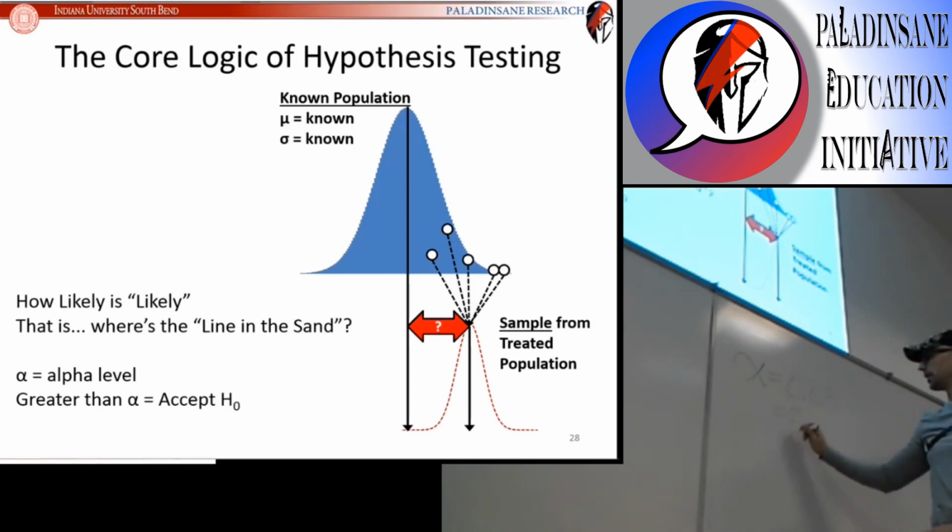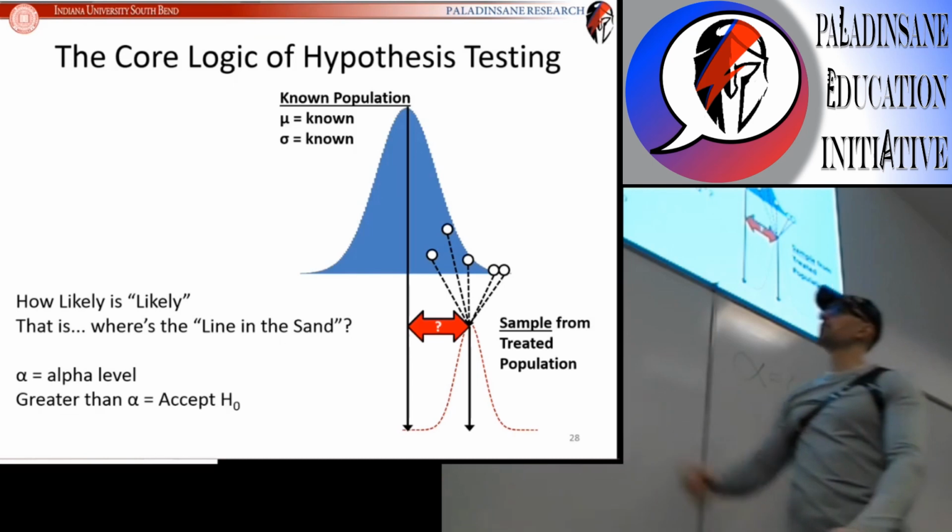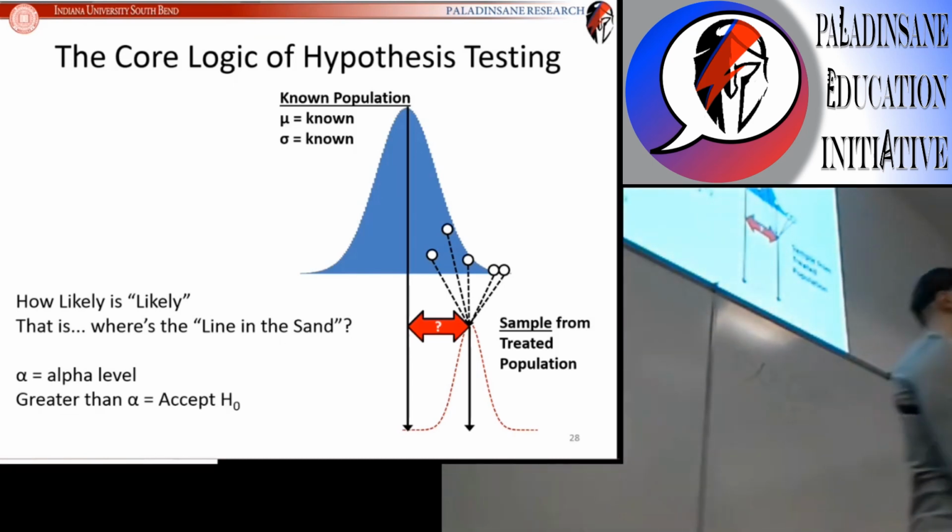It's written both ways. So if the probability of your sample coming from the population is greater than 5%, then we say, you know what, the treatment did nothing. We're going to accept the null hypothesis, back to the drawing board, our treatment doesn't do anything.